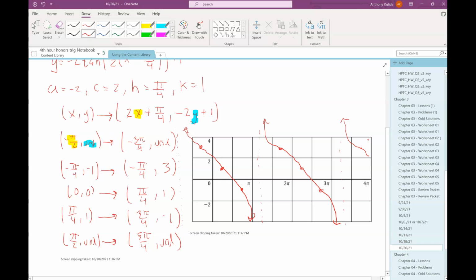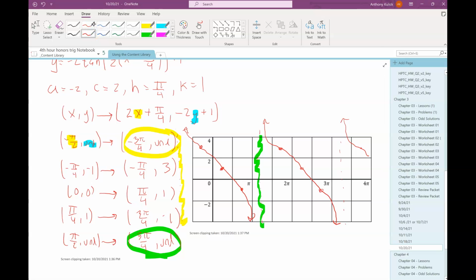Does that feel okay, Natalie? How do you discover the asymptotes? Well, they're where the undefined things are, right? So that's that asymptote, and that is that one. Okay. Is that okay? You're welcome.